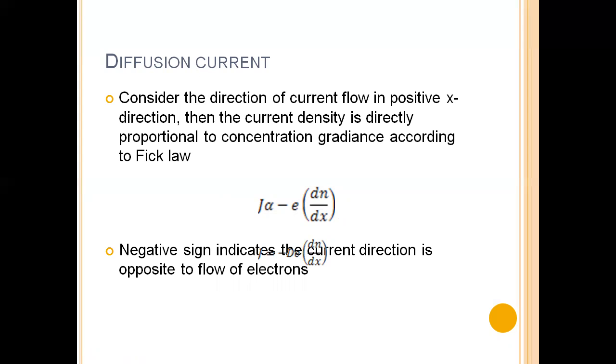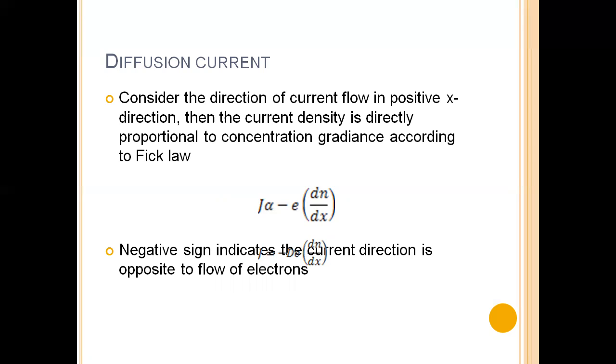Hence, when we join p and n together, p side is having a higher concentration of holes, n side is having a lower concentration of holes. Similarly, n side is having higher concentration of electrons, whereas p side is having smaller concentration of electrons. When you join them together, there will be concentration gradients. Hence, carriers will move from one side to another side, constructing current in the circuit.